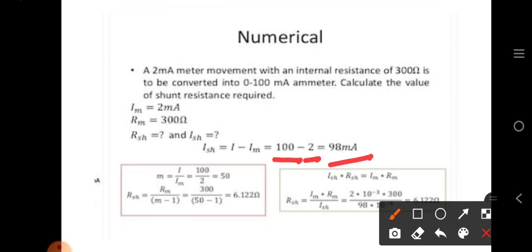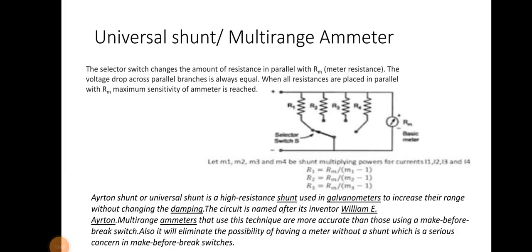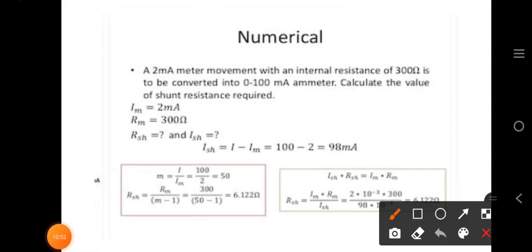Now putting this value of M in RSH, RSH is equal to RM upon M minus 1. RM is given as 300, and M minus 1 is 50 minus 1. So 300 upon 49 will give 6.122 ohms.